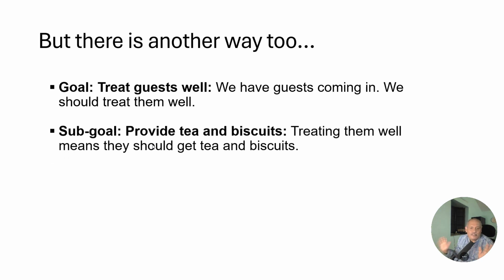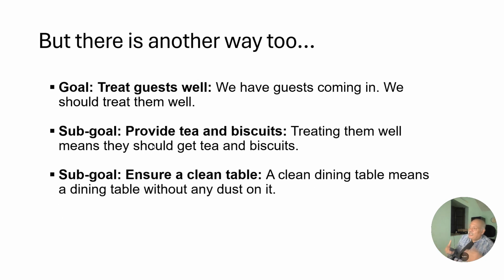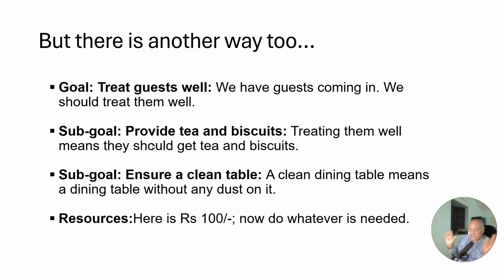That's the overall goal. So we have to provide some tea and biscuits, because that's what it means to treat somebody well. And we have to ensure that there is a clean table. And here is 100 rupees. Now you do what you want so that these sub-goals and the eventual goal of treating the guests well get achieved.